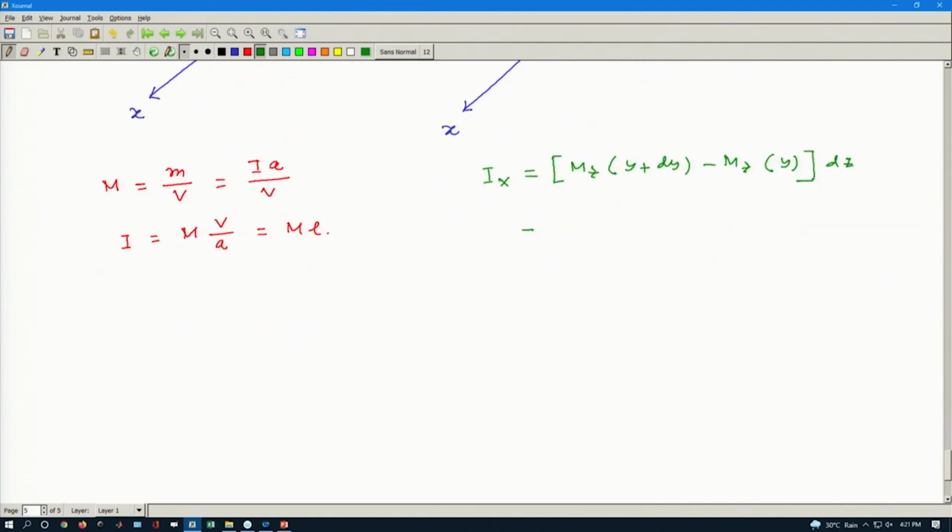So, this is equivalent to, if I make a Taylor series, simply del mz del y times dy and dz.